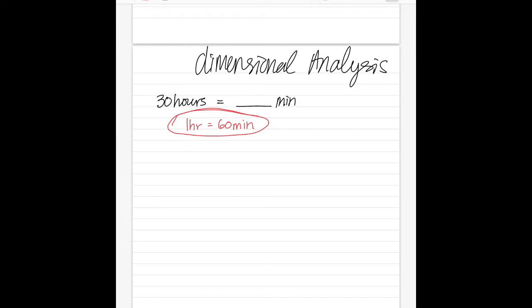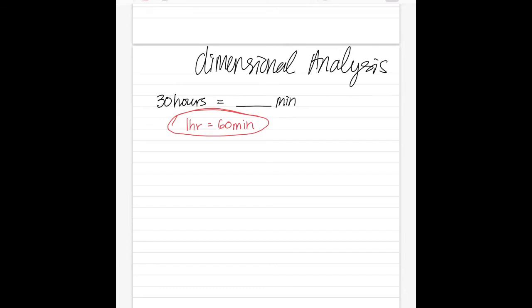Now, for my class, I always give conversion factors, unless they're something you should know off the top of your head, like 60 seconds is a minute. Just simple stuff, 12 inches in a foot, 3 feet in a meter. But when they get a little more complicated, like how many feet are in a mile, you may not know that one, so I'll give you those. Don't worry about that.